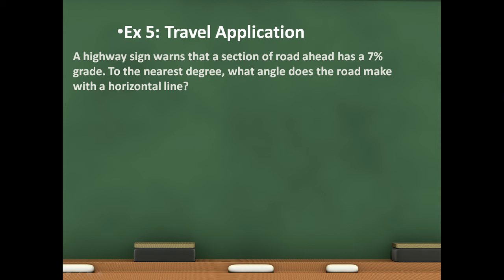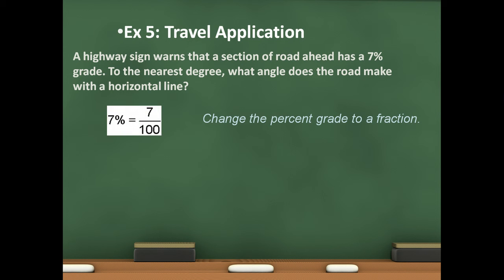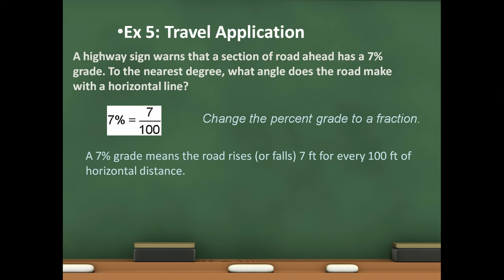Let's use an application for travel. A highway sign warns that a section of the road has a 7% grade. To the nearest degree, what angle does the road make with a horizontal line? Let's change the percent to a fraction. 7% equals 7 over 100. A 7% grade means the road rises or falls 7 feet for every 100 feet of horizontal distance.